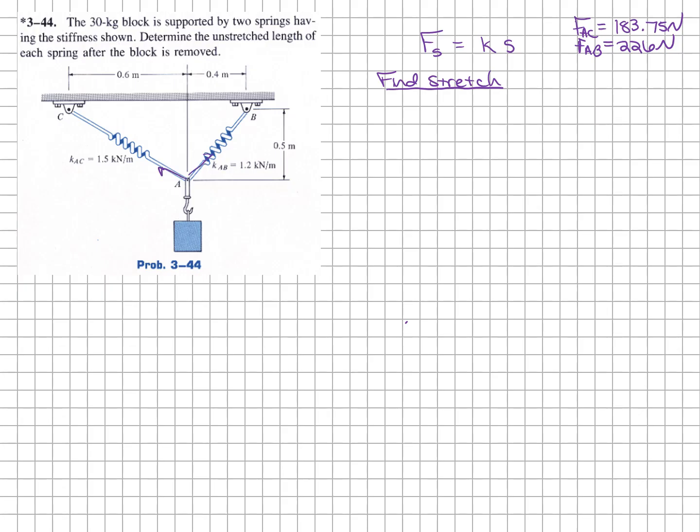So knowing what I know, FAC is equal to KAC times the stretch of AC. So I can put in 183.75 is equal to 1.5 times 10 to the third, making sure I have that 10 to the third because of that kilo, times SAC.